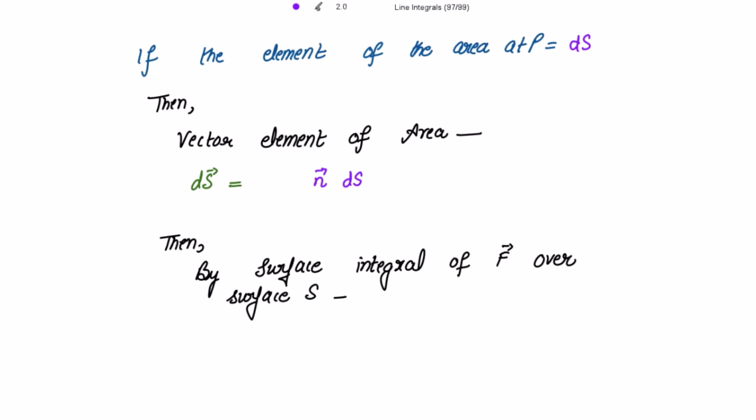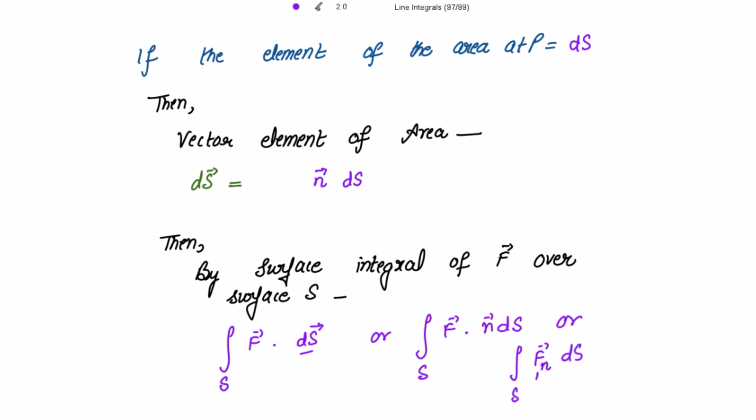Then by the surface integral of F vector over surface S, we have the integral of F vector dot dS vector across S, which can also be written as the integral of F vector dot n vector multiplied with dS across S. Or simply you can write this as the integral of Fn dS across S. Fn denotes the component of F vector in the direction of the outward normal at P.